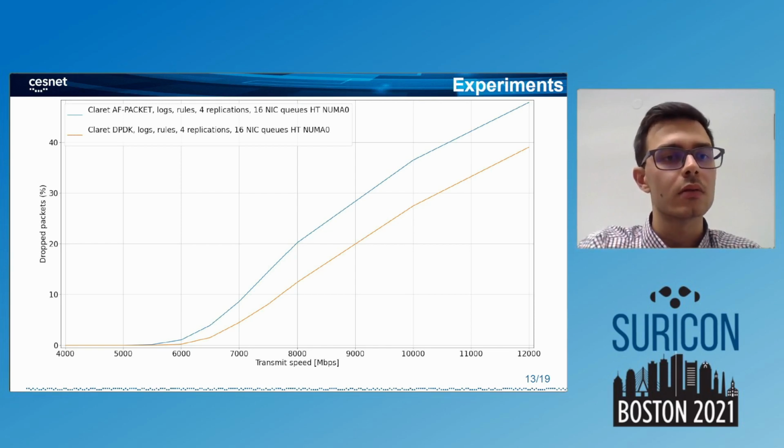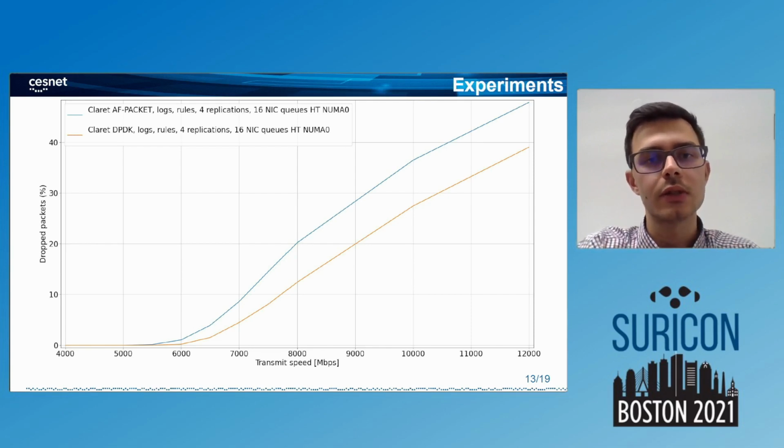DPDK didn't lose almost any packets at 6 gigabits per second, while AF packet already lost some. So it continues the trend from the previous graph that it still can receive more packets.